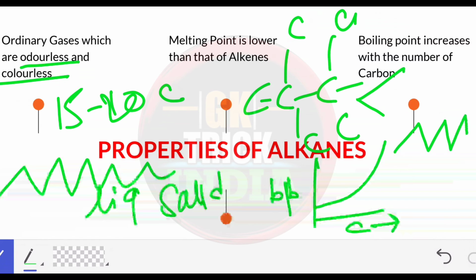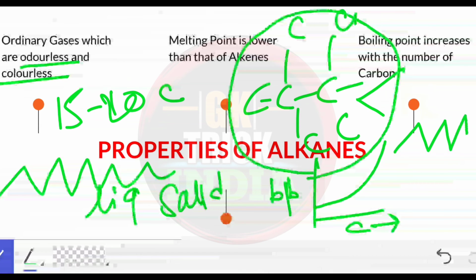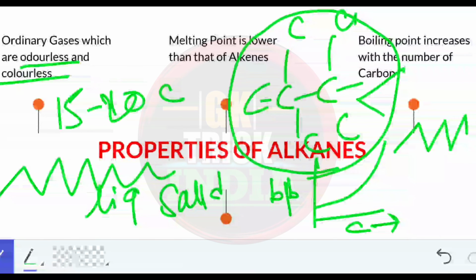Branched alkenes generally form a spherical shape, and a sphere has the lowest surface area, so as a result it has fewer van der Waals forces, which generally depend on the surface area. That's the reason why the branched molecules have a lower boiling point.